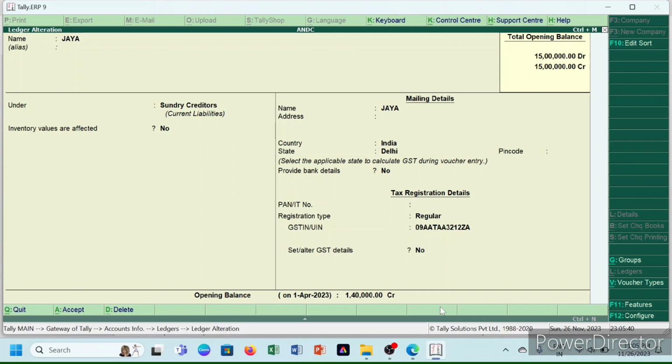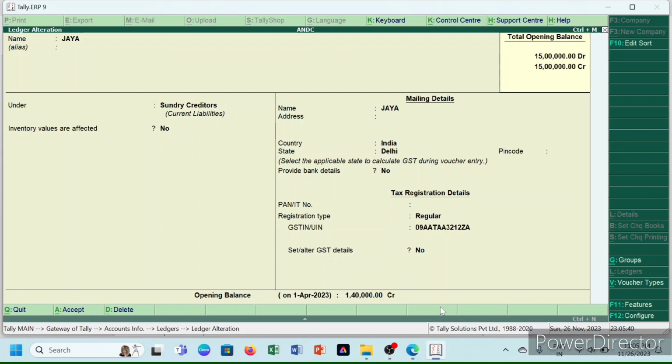Press V, accounting vouchers. Since these are purchase transactions, press F9. Date is 1 October. Jaya, purchase account.